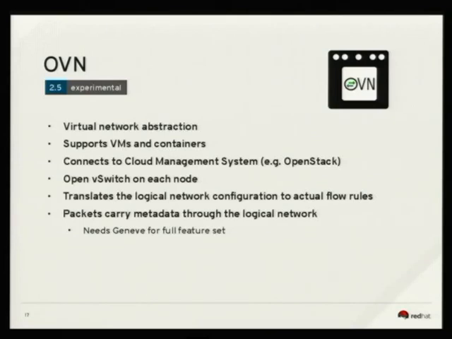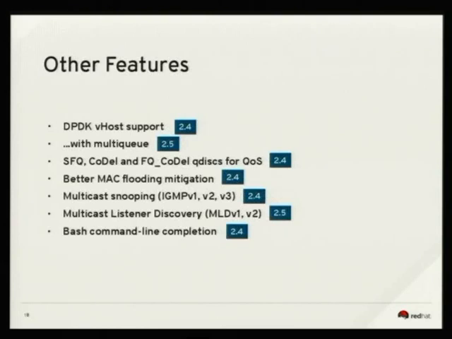So that means that to use all the features that are needed, we need a tunneling protocol that can carry those metadata between hosts. So this is why OVN is based on Geneve. You can use VXLAN too, but you lose some features, and there are some not so trivial limitations, like you can have only one endpoint for each VXLAN and so on. So let's not go into details.